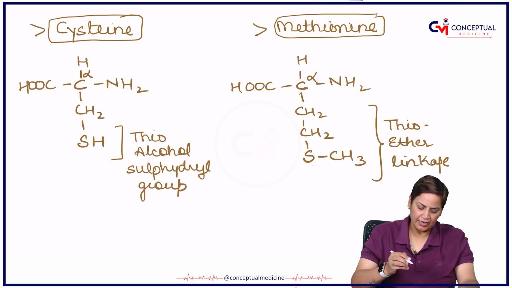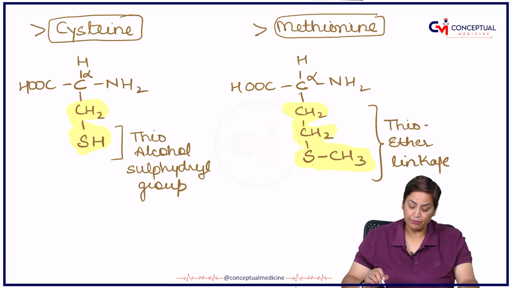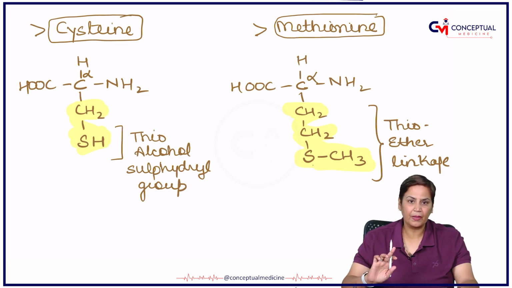Right, very important. And if you see, the difference is, this is CH2SH and this becomes CH2CH2SCH3. That means methionine has a CH3 attached to S, or the sulfhydryl group in methionine is not free. Okay, so this is the basic difference.